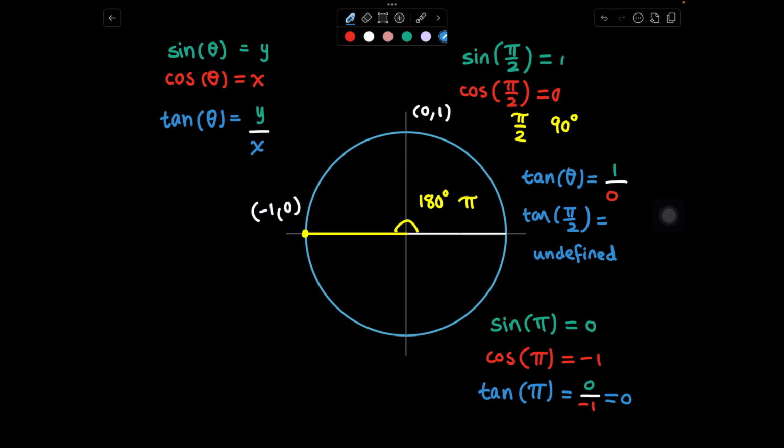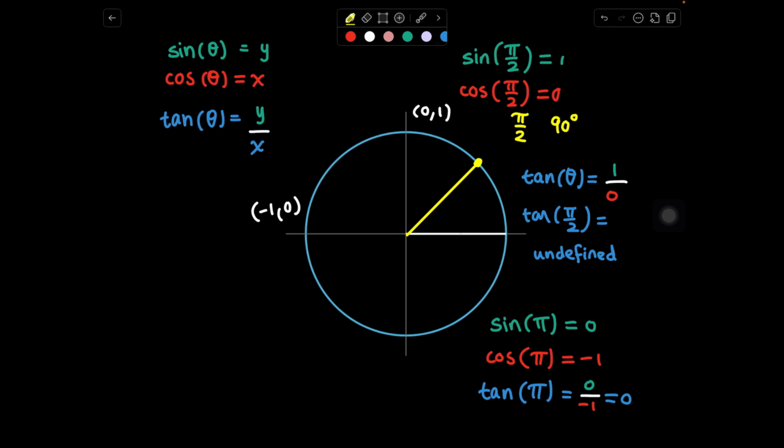I hope you can see how when you get a particular angle and you draw that line to join up with the circle, whatever that coordinate is is related to your sine, cos, and tan values. I know I used easy examples for these questions, but you can go ahead and pick different angles, such as 45 degrees.